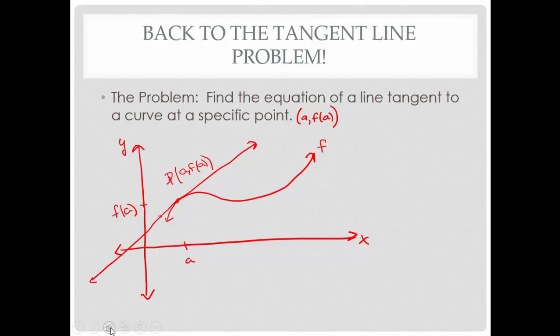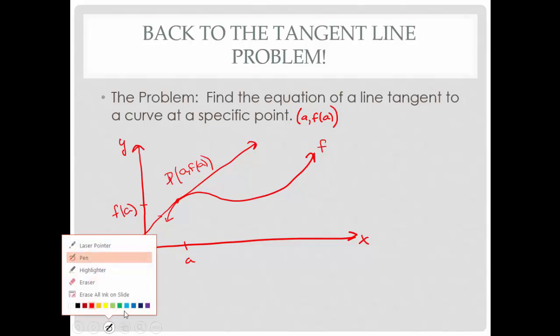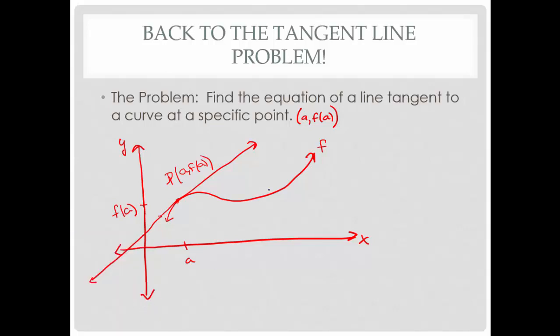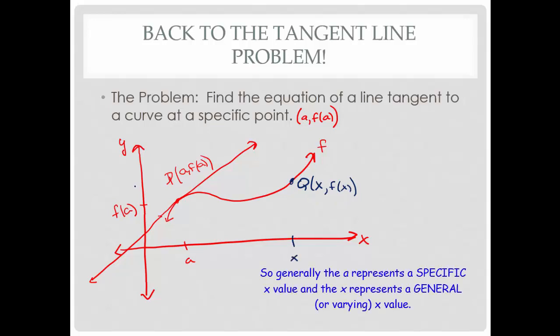So the way we started the tangent problem was we said, if we need a second point to calculate slope, let's pick a second point, call it Q, and give it coordinates x, f of x, meaning it could represent any x value on the curve.